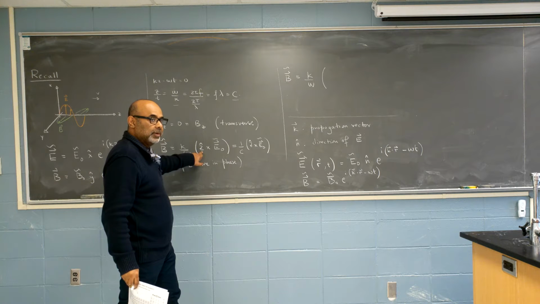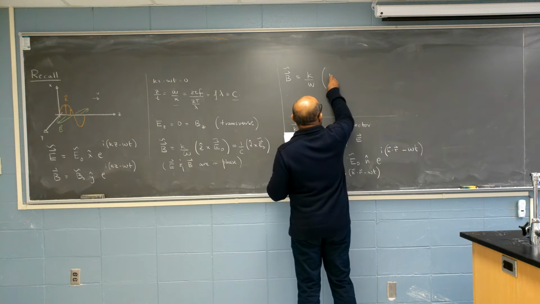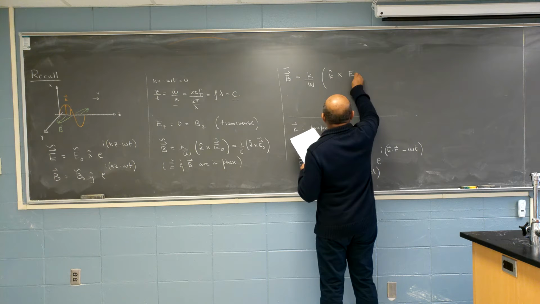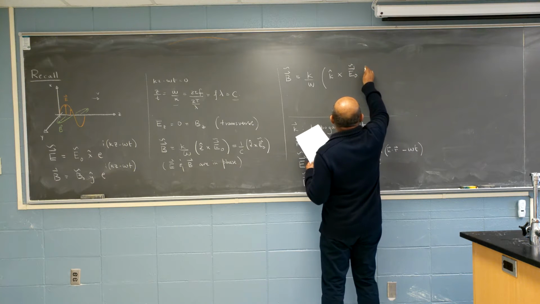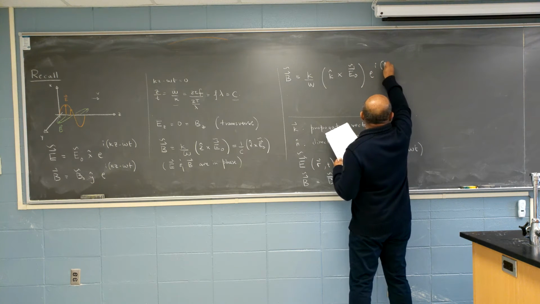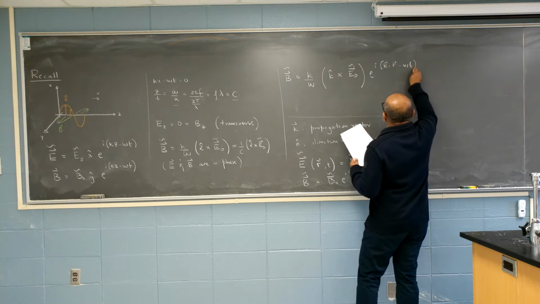That's the direction of propagation. So what do you think it's going to be over there? k hat. Good. Cross, this doesn't change, right? E to the i(k dot r minus omega t).